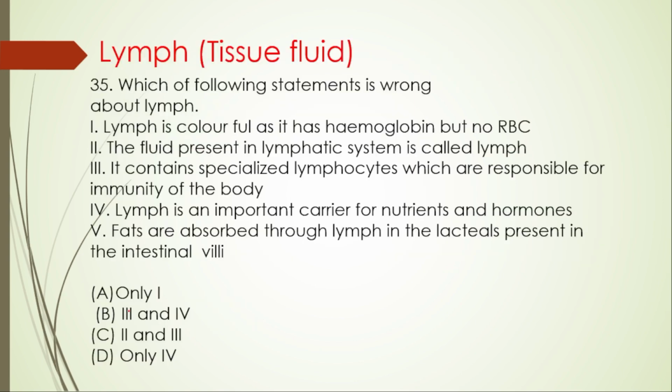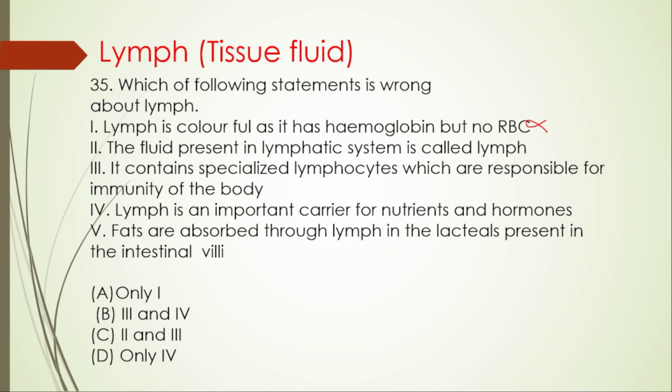Next question from the lymph, that is tissue fluid. 35th question. Which of the following statements is wrong about lymph? Lymph is colorful as it has hemoglobin but no RBC. This is wrong because lymph is a colorless fluid because it lacks what?